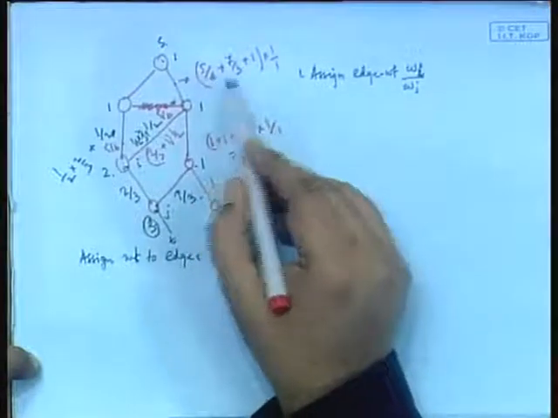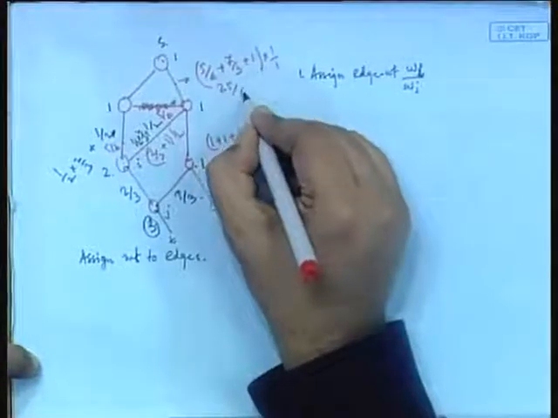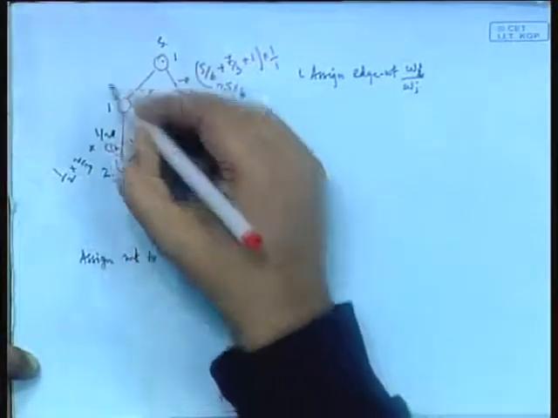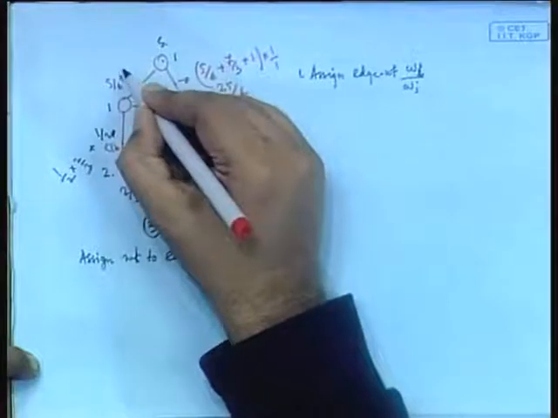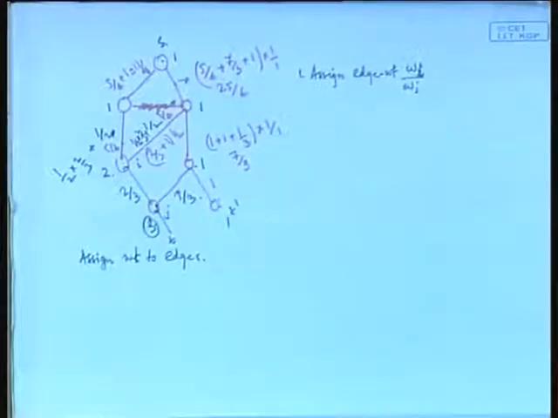How much is that? 25 by 6, and here it is 5 by 6 plus 1, which is 11 by 6. Clear?